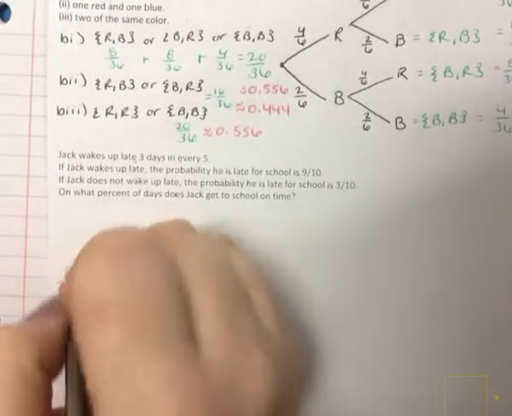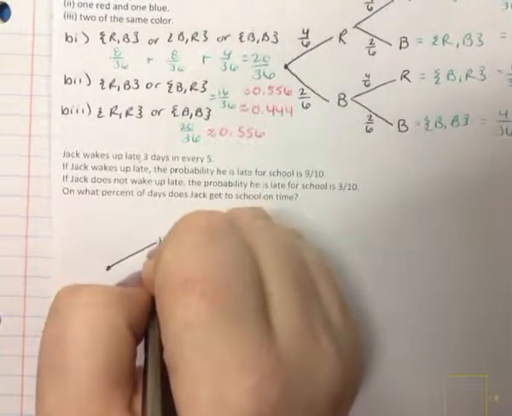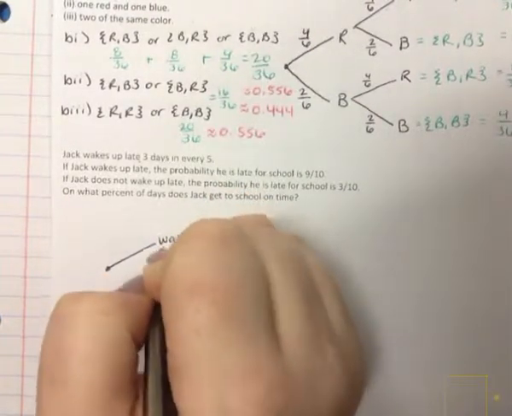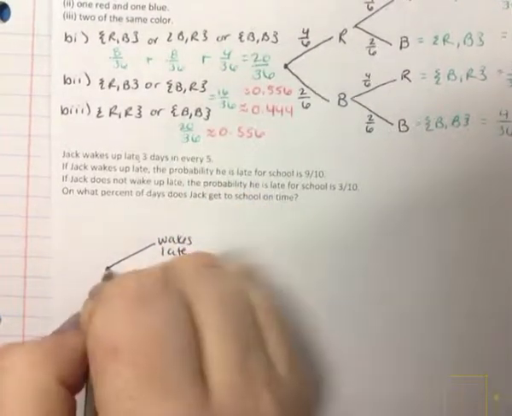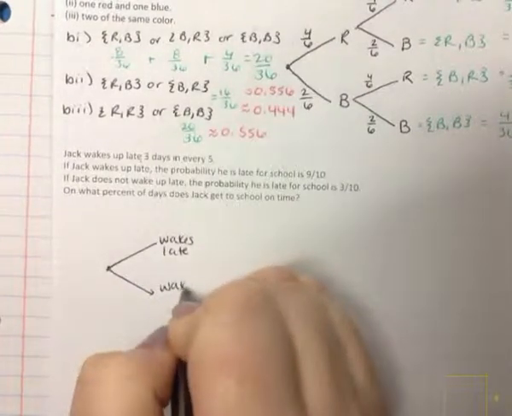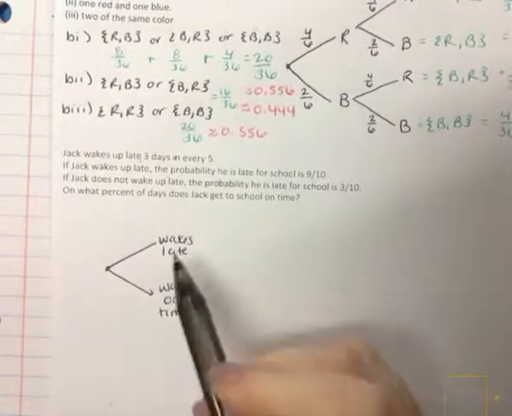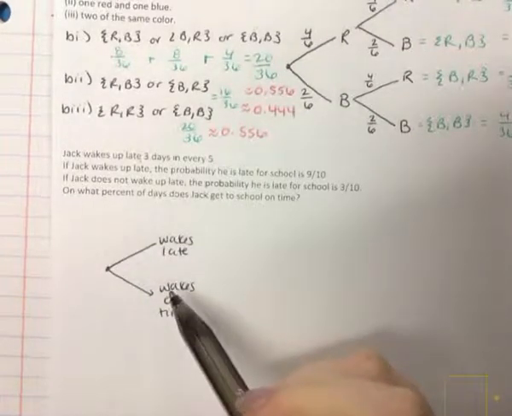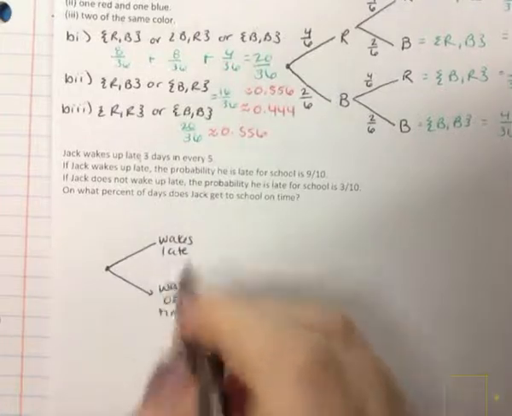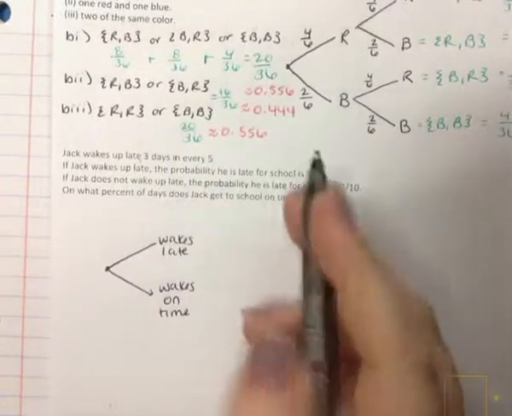So we can kind of go along with if he wakes late, or he can wake on time. Those are his 2 possibilities for him waking up. But then once he wakes up, he can either be late to school or he could be at school on time.